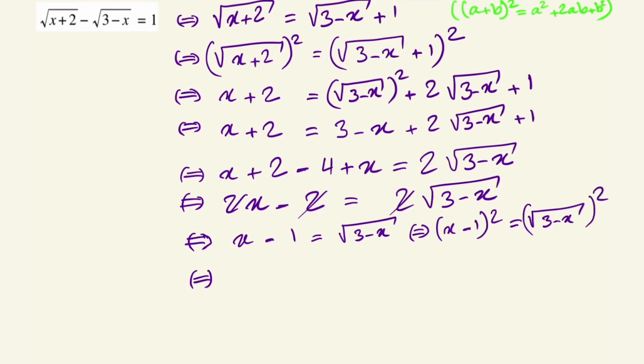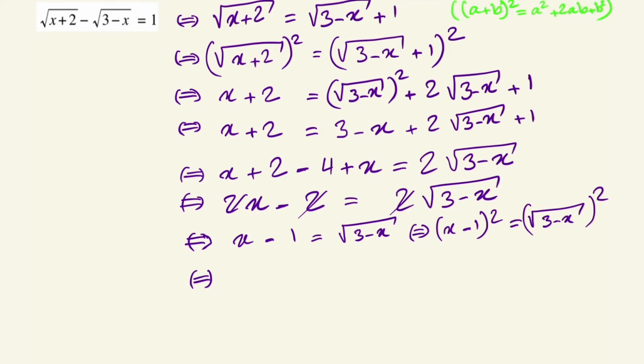In this case, we are going to use the same formula. The difference is that here it is negative, (a minus b) squared, so it's going to be a squared minus 2ab plus b squared. The difference is just that this will be minus here.